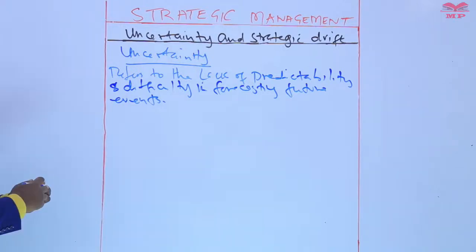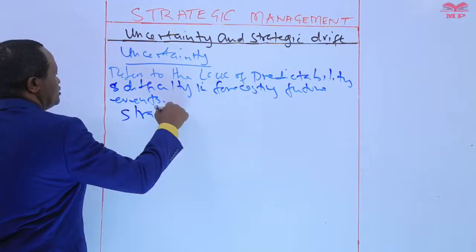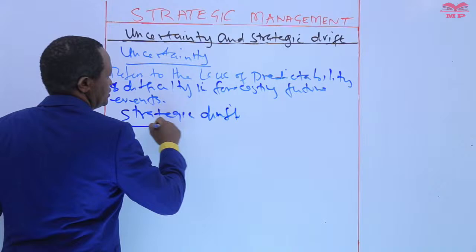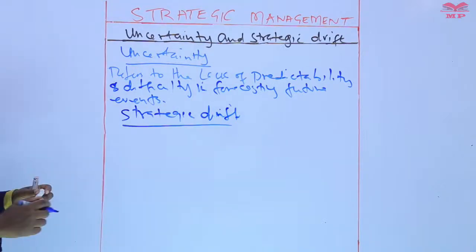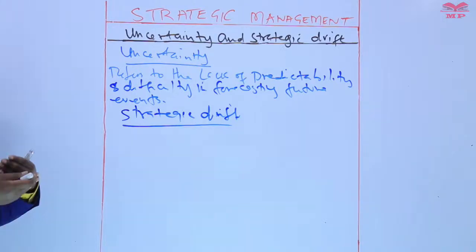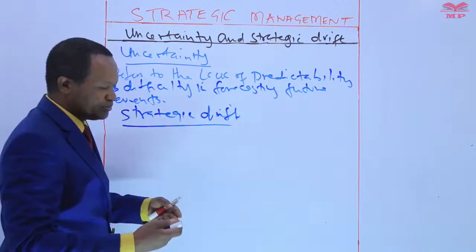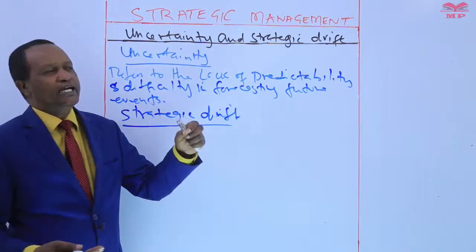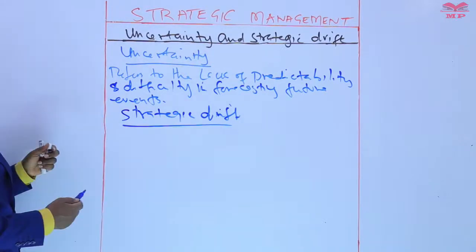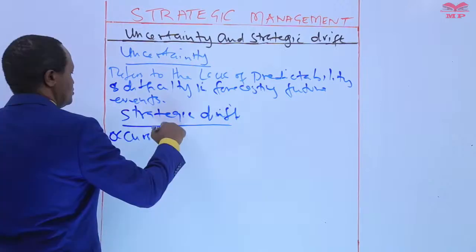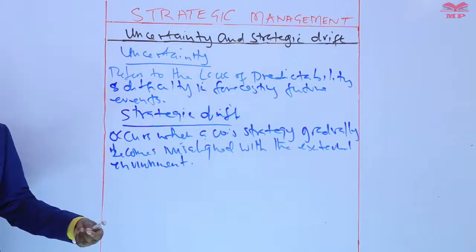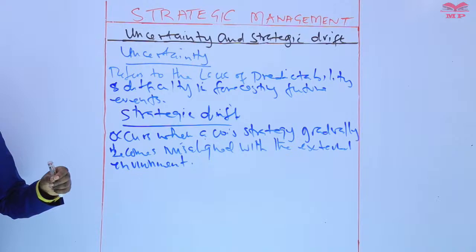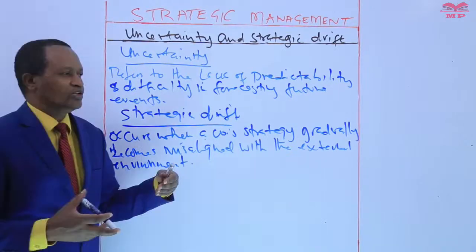Then what is strategic drift? Strategic drift, on the other hand, occurs when an organization's strategy gradually becomes misaligned with its external environment, or failure to recognize emerging threats and opportunities.